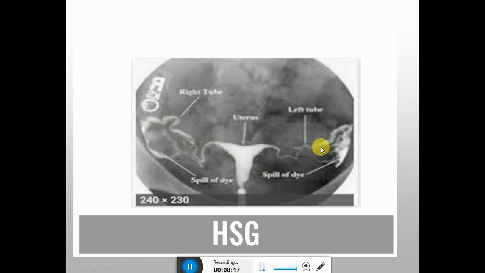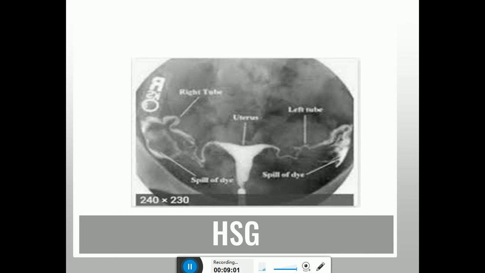These are the uterine tubes. When there is a spill of dye, that is, the dye is coming out through the uterine tubes, that means the uterine tubes are patent, or fully functional. So this study, hysterosalpingography, is done to determine patency of the uterine tubes, especially in cases of sterility.